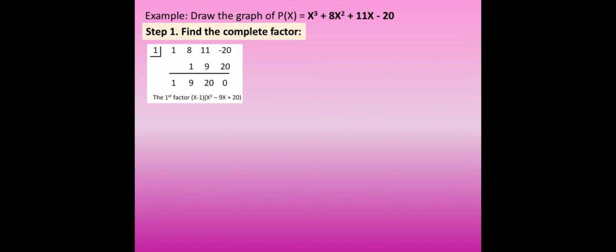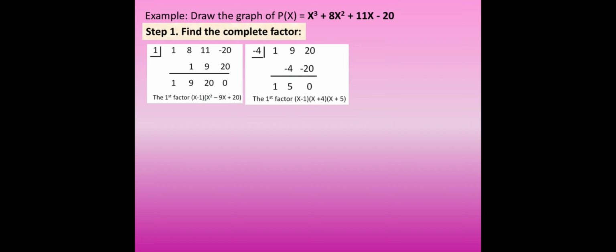Then we try negative 4 on this remaining quotient. The remainder is also 0. Therefore, the first factor is x minus 1, the second factor is x plus 4, and the remaining quotient is x plus 5, which is not factorable anymore. These three factors are the basis for our zeros.